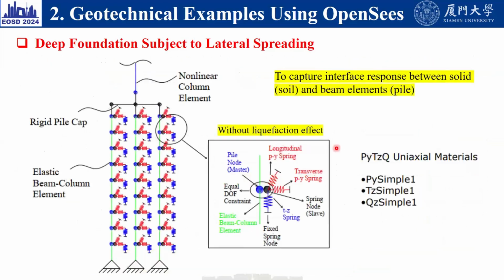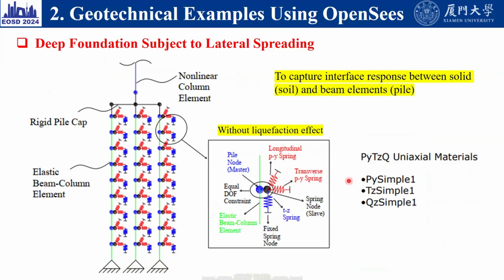For a 3D bridge foundation, we can do similar things, right? We can put in springs: a horizontal PY spring and a transverse PY spring to represent the soil. So right now we don't have soil brick elements.